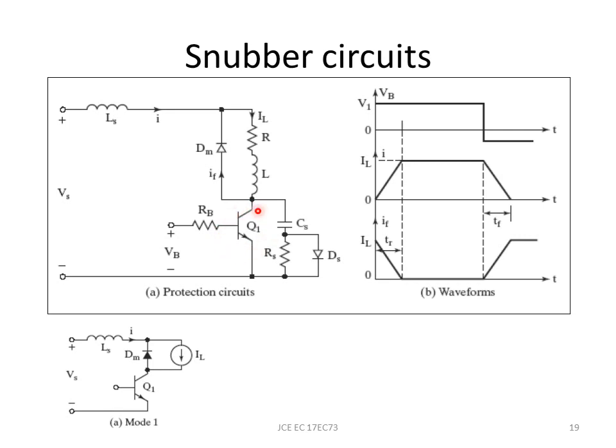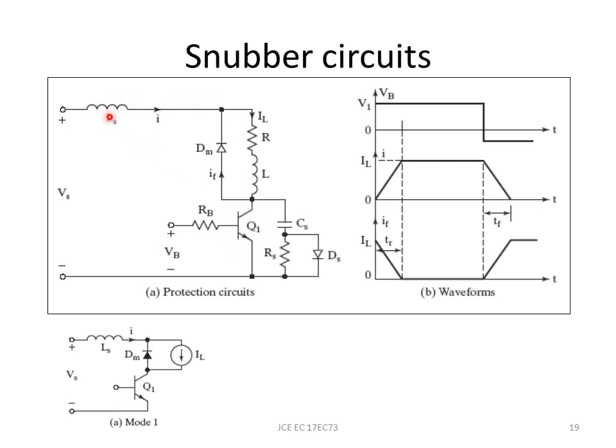This is Q1, a power transistor, and it needs to be protected from two elements, di by dt, the rate of rise of current, and dV by dt, the rate of rise of voltage. di by dt matters when the transistor is turning on, because the rate of rise of current when the transistor turns on should be limited to the value prescribed by the manufacturer, and that can be limited by using a series inductor Ls. This series inductor Ls is going to protect this transistor from di by dt.